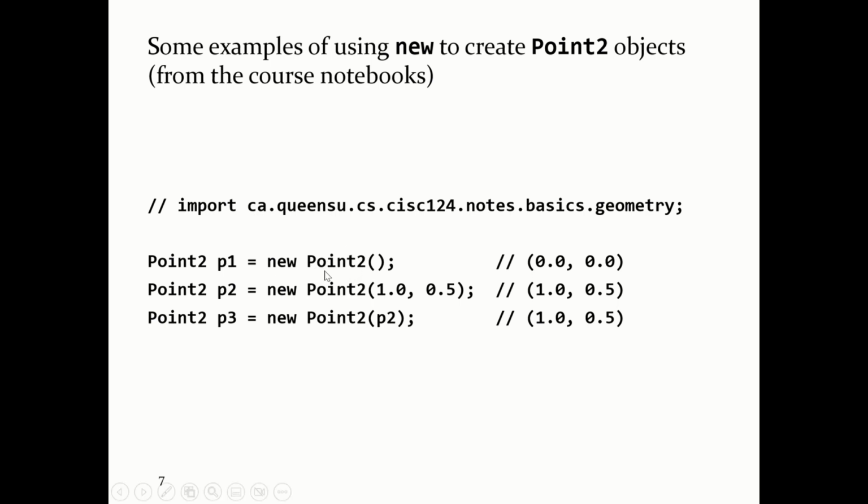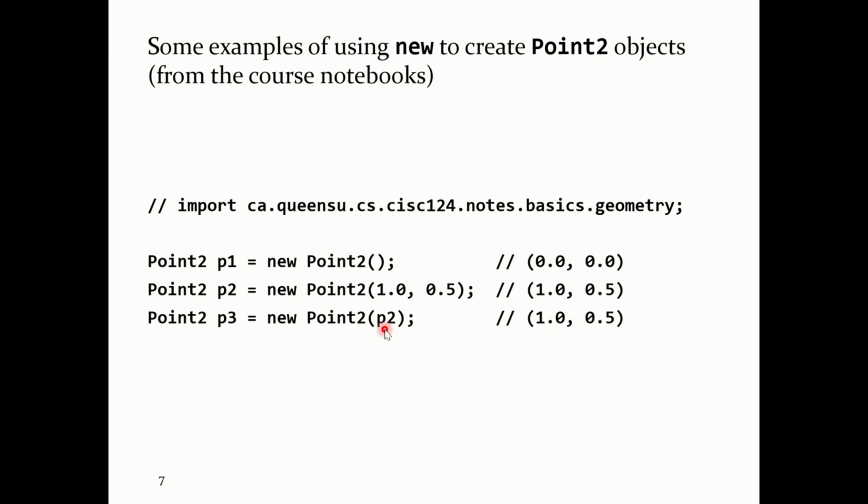The name of the class is called point2. It turns out the name of a constructor is always the name of the class. So if I have a class called foo, then the name of the constructor would also be foo. And the class can have multiple constructors. This first constructor makes a point whose coordinates are 0, 0. The second one, if I pass in 2 double values, gives you the point whose coordinates are those double values.